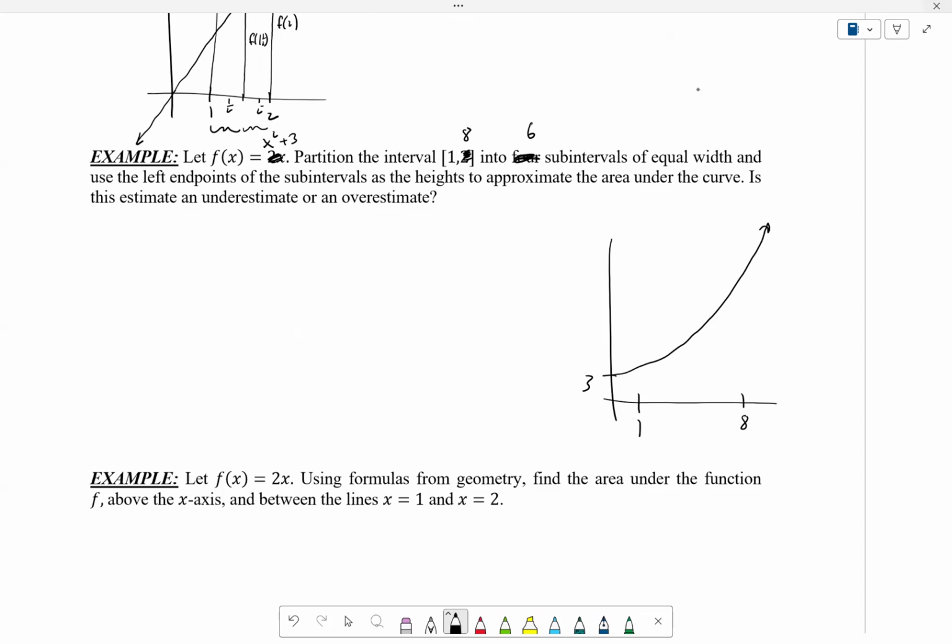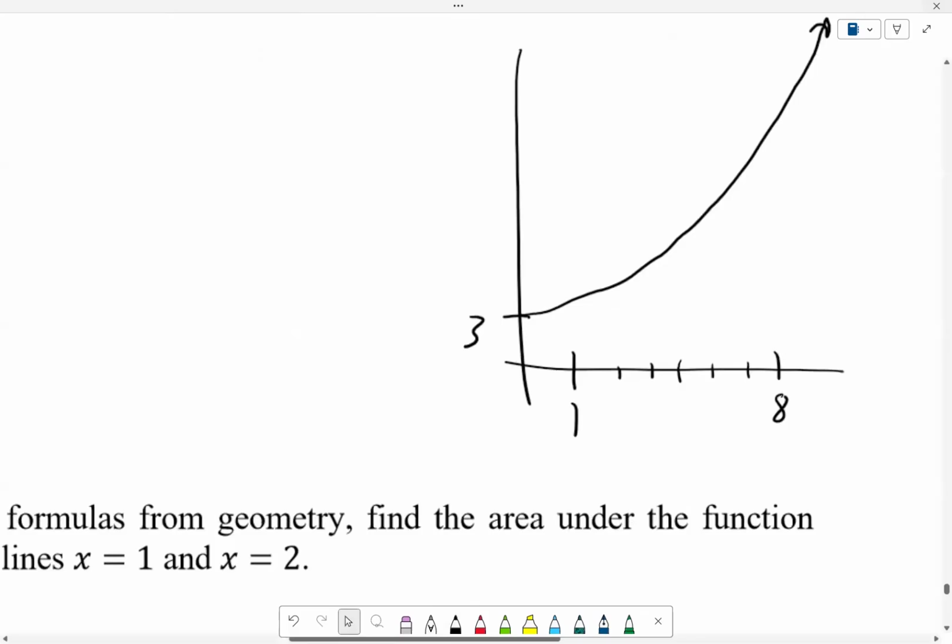Okay, here we go. So to break this into 6, I'm just going to do this. Are we good with that? I'm just breaking that into 6 like that. It has to specify the region.